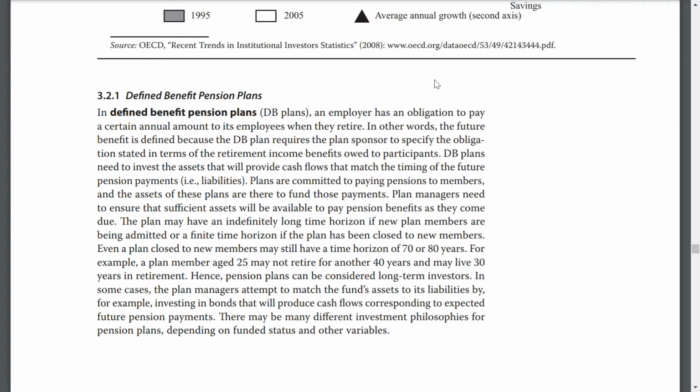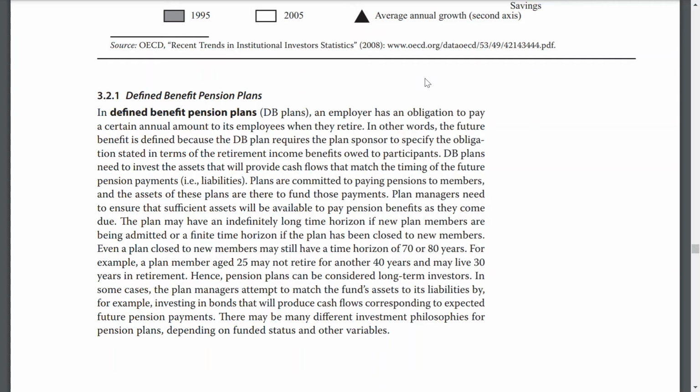The plan may have an indefinitely long time horizon, or a finite time horizon if the plan has been closed to new members. Even a plan closed to new members may still have a time horizon of 70 to 80 years. For example, a plan member aged 25 may not retire for another 40 years and may live 30 years in retirement. Hence, the pension plan could be considered a long-term investor.